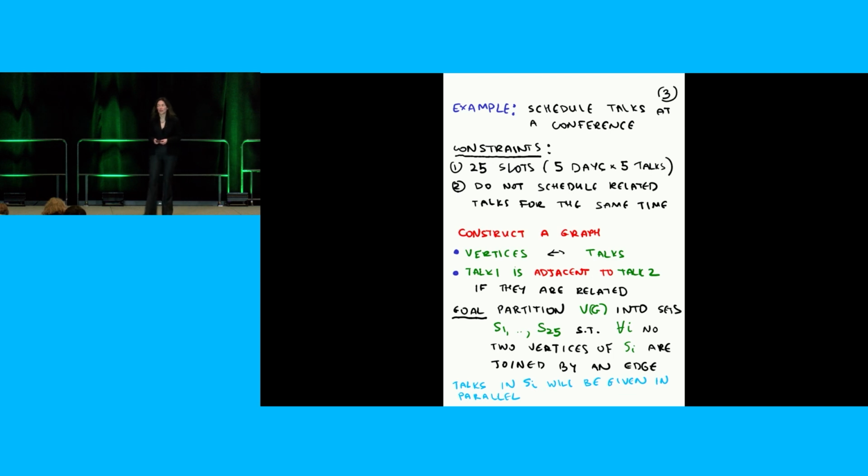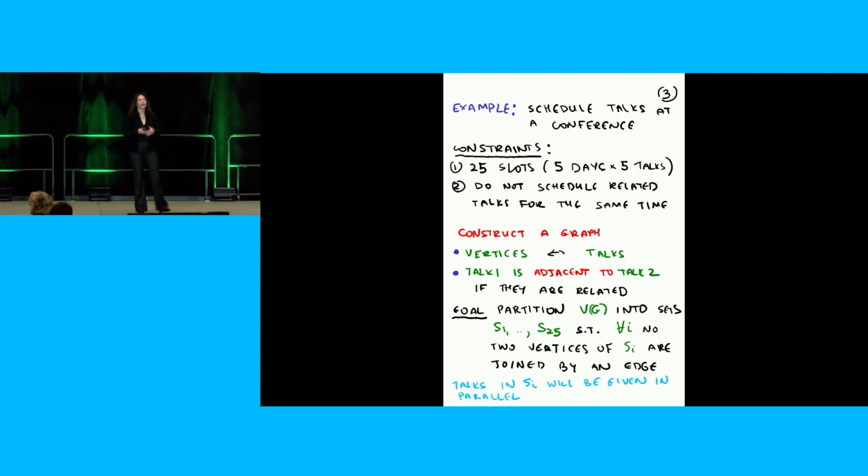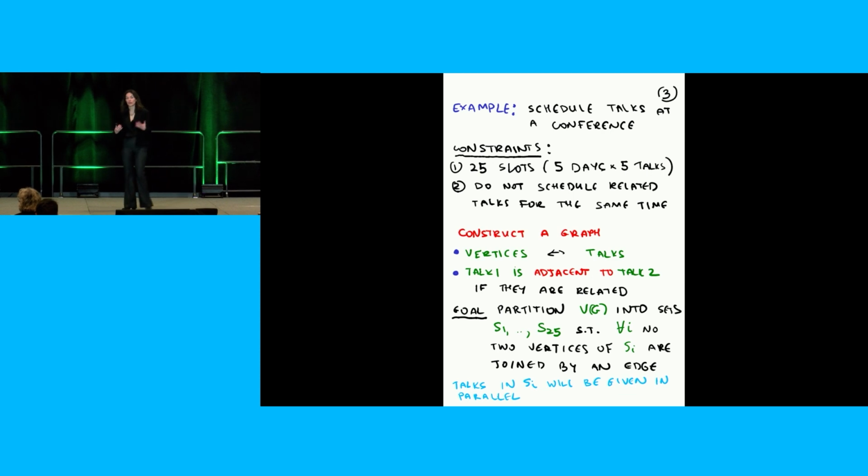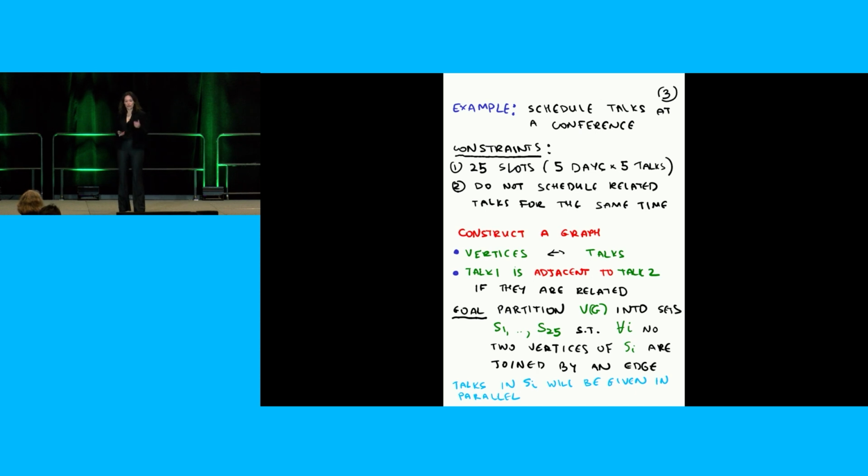So that gives you 25 slots. But you have more talks than just 25 talks, so you don't mind having talks in parallel, but you want to make sure that if 2 talks are related to each other, you don't schedule them for the same time. Okay, so these are the 2 constraints: 25 slots, and you don't schedule related talks for the same time.